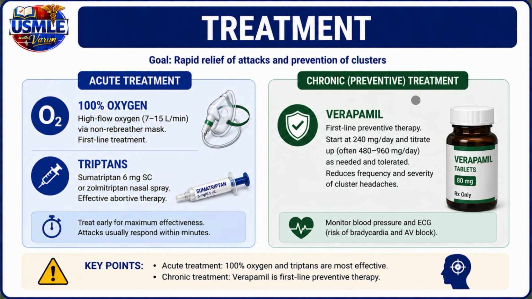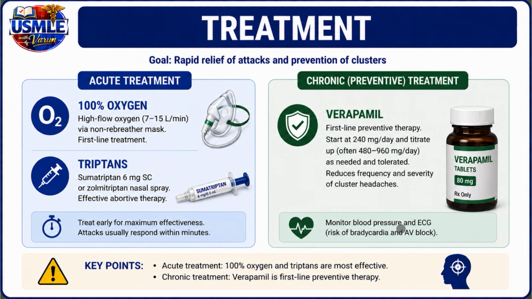Chronic or preventive treatment is usually done with verapamil. So verapamil is a first-line preventive therapy for cluster headaches, or for prophylaxis. It's usually started at 240 milligrams per day, and we need to titrate up to about 480 to 960 milligrams per day, as and when needed, and depending on the tolerance level of the patient. This reduces the frequency and severity of cluster headaches.